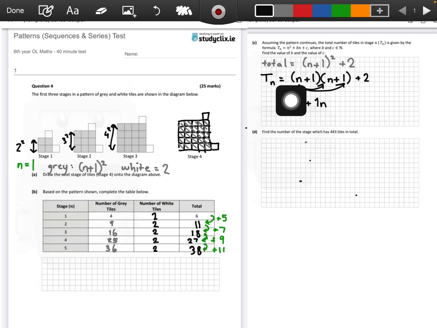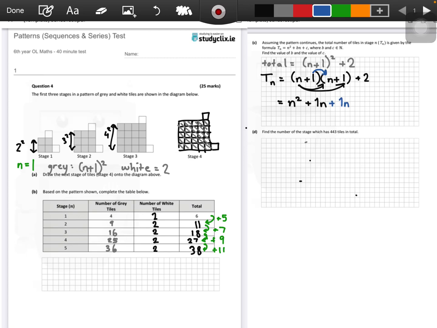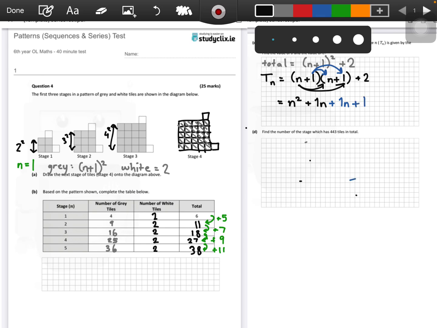So that's my first term in this bracket multiplied by my second bracket. And then my second term in my first bracket multiplied by my whole second bracket. So I'll do 1 times n is plus 1n. 1 times 1 is plus 1. And then I'll just carry down that plus 2 from the end.